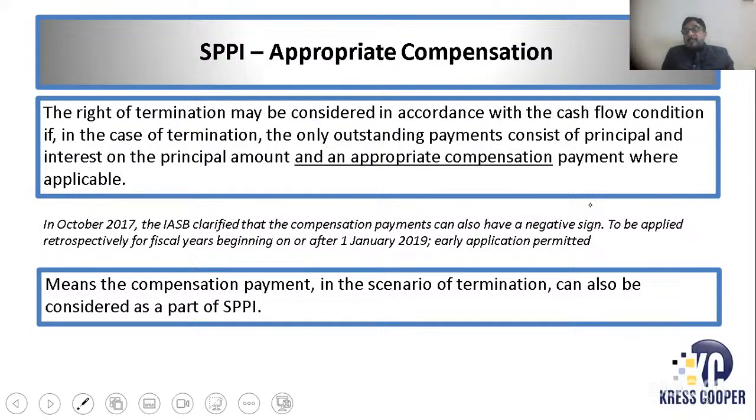Should that be taken in SPPI? Means, should that be considered as a contractual cash flow? So what happened in October 2017, the IASB clarified that it is a negative item, meaning it should be considered as part of SPPI.